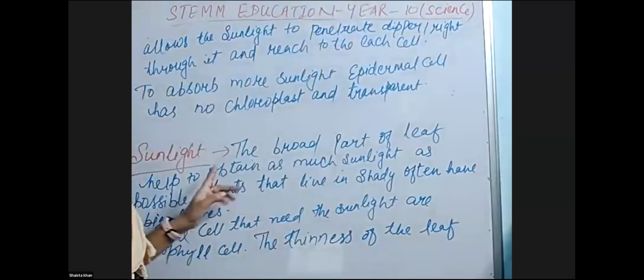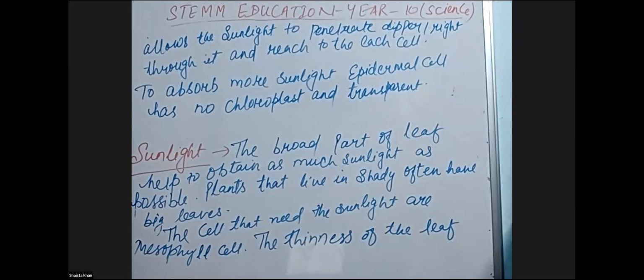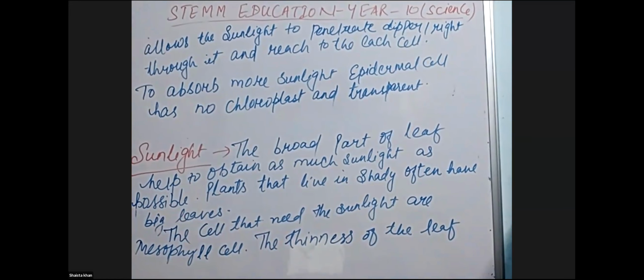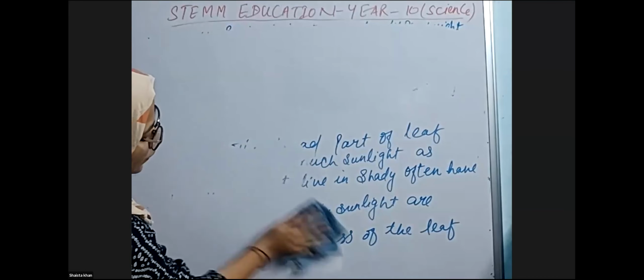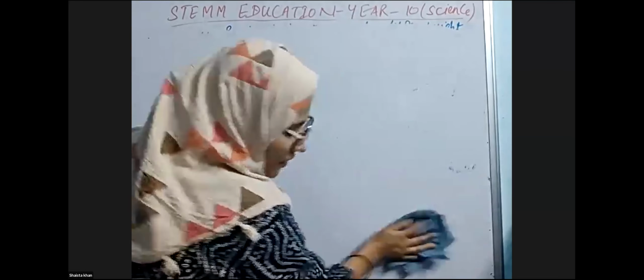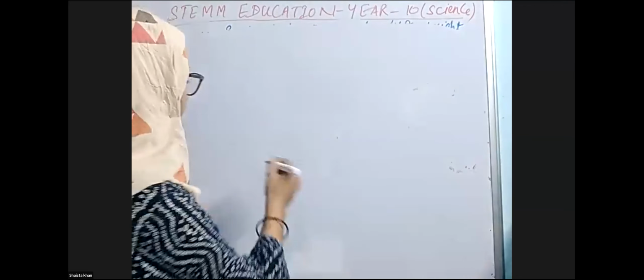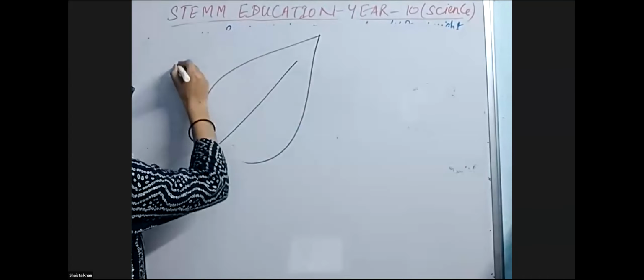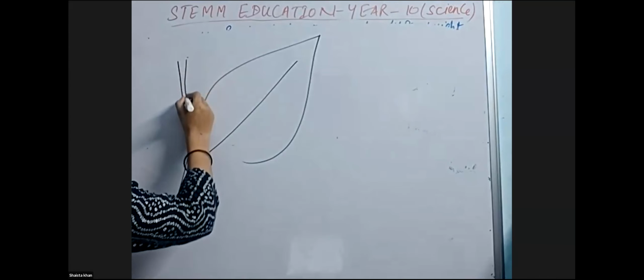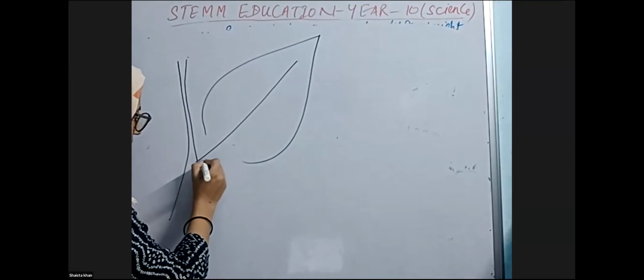Have you written this? Good. Should I rub it? Yes, you can. So another name of the leaf stalk is petiole. See, as I've already made a diagram of the leaf, this is the leaf diagram, which is connected to some kind of stem.